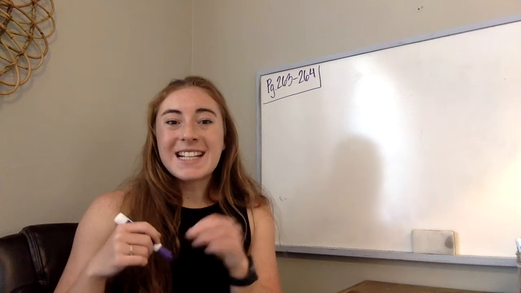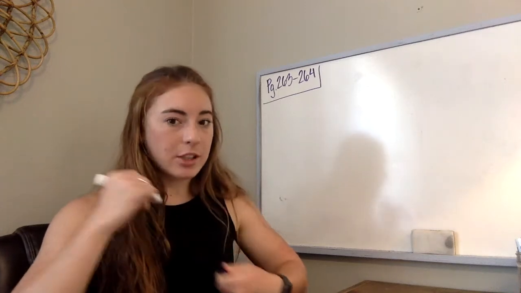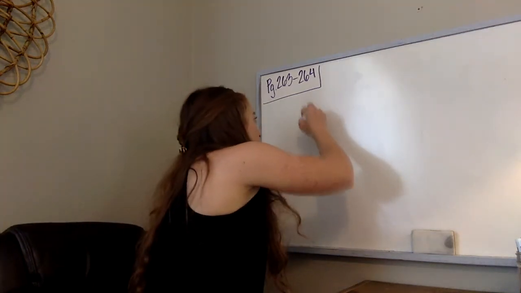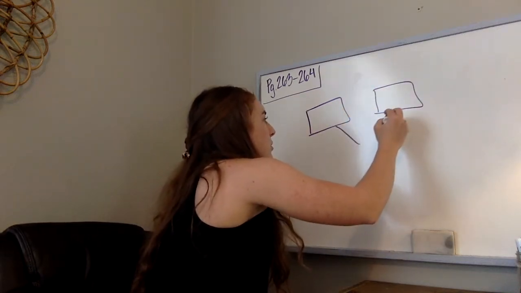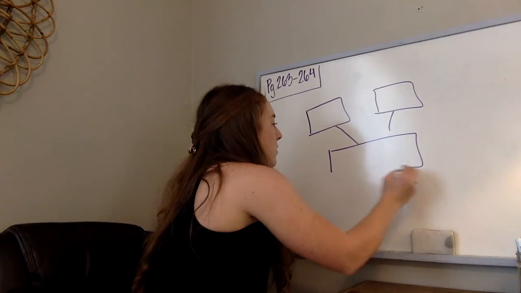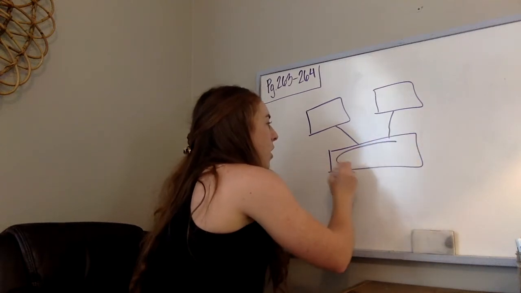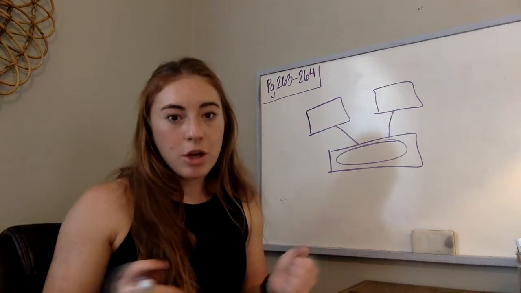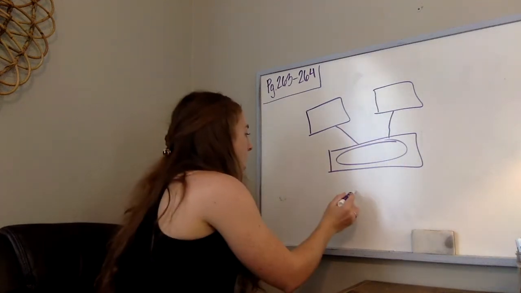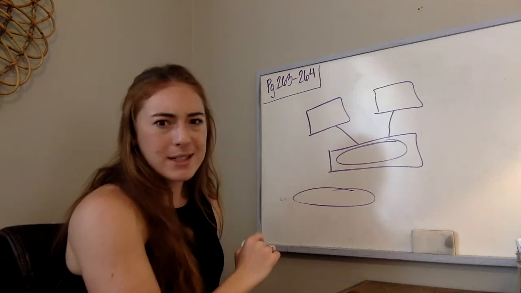Now remember, addition, those pictures might look like one part and another part shows a whole, right? So this would be all together. And a subtraction problem shows all of this and we're taking some away.